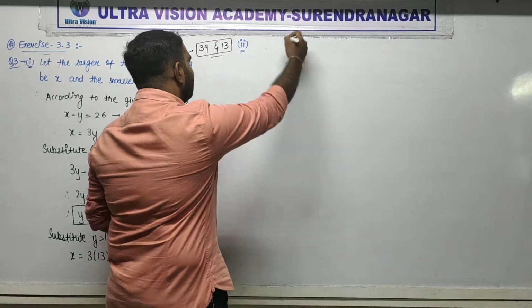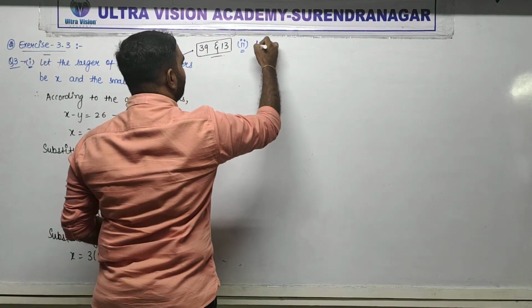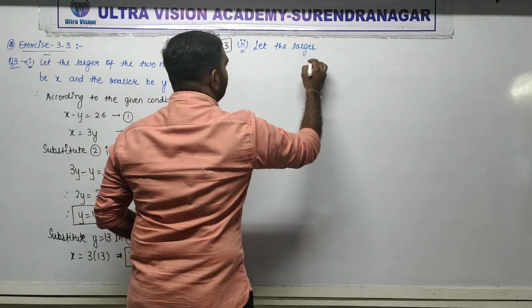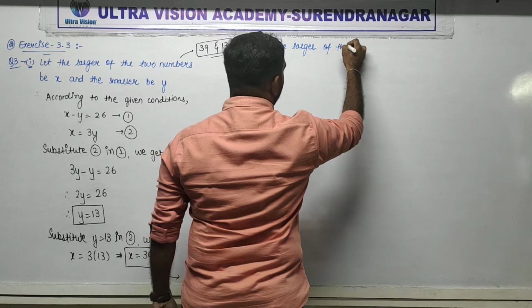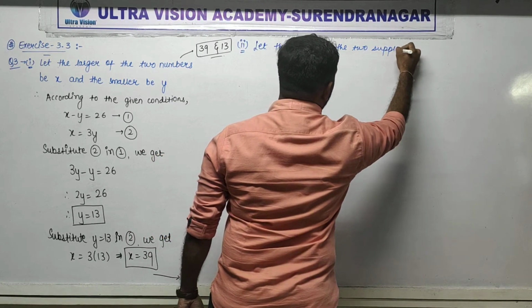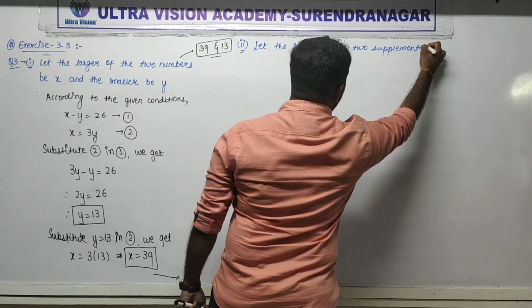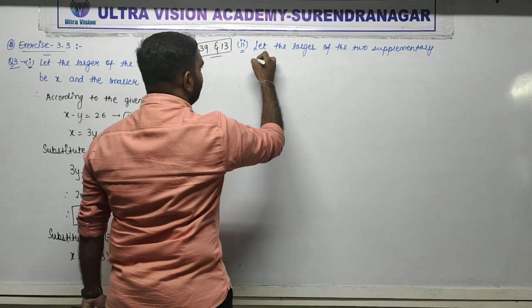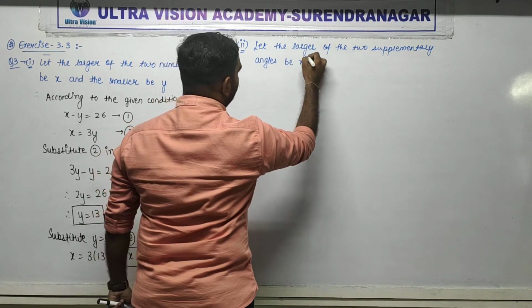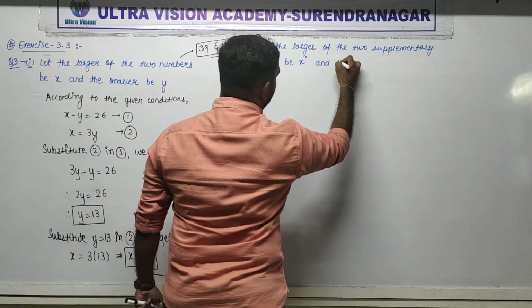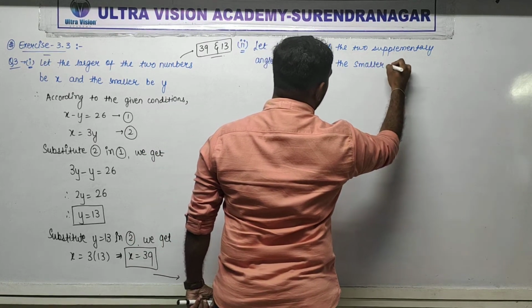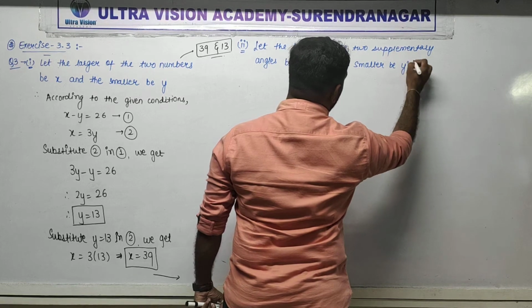So we will say let the larger of the two supplementary angles be x degrees and the smaller be y degrees.